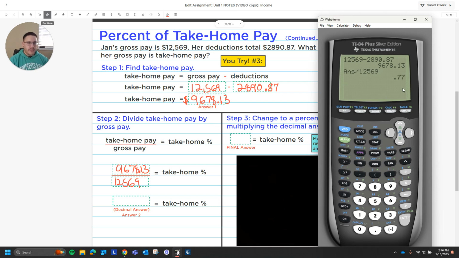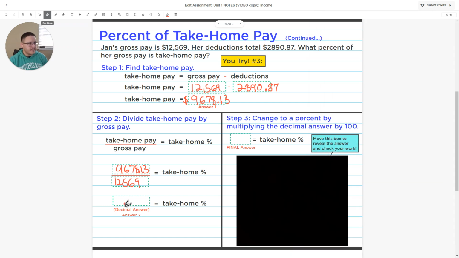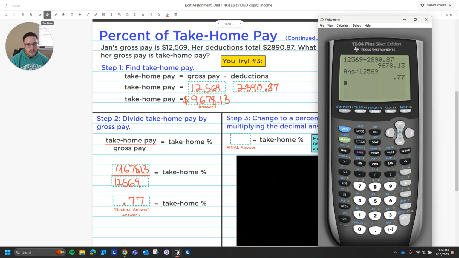Which turns out to be 0.77. Change your decimal answer to percentage by either moving the decimal point to the right twice or multiplying by 100. And we get 77%.